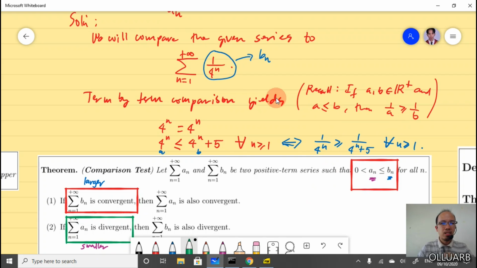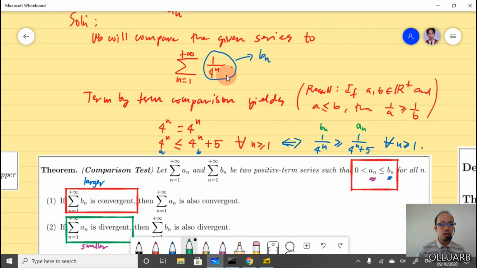This one, this is our B sub n, and this is our A sub n. So as you can see, this is the known series, the summation of 1 over 4 to the n, n starts from 1 to positive infinity.